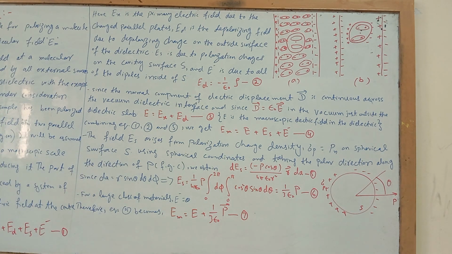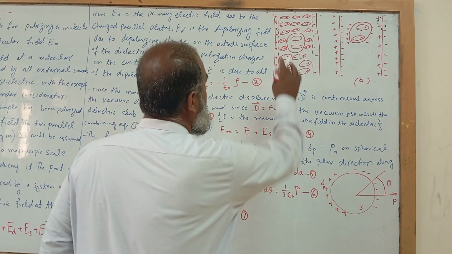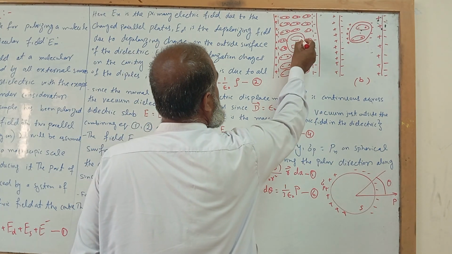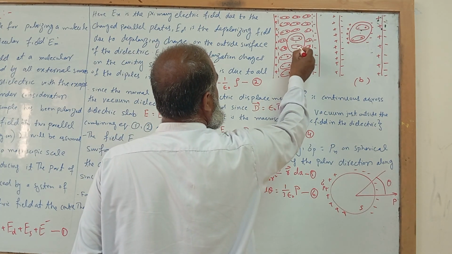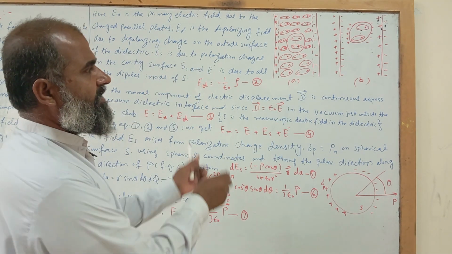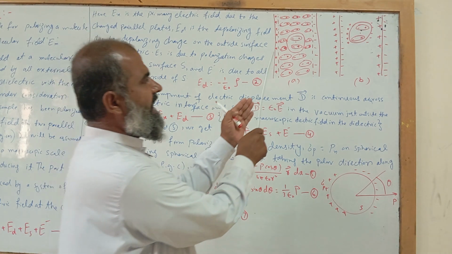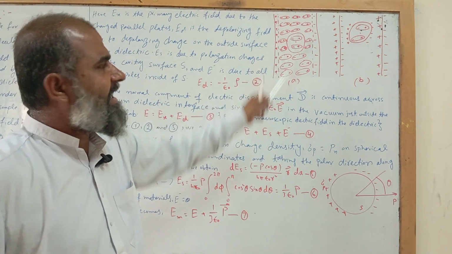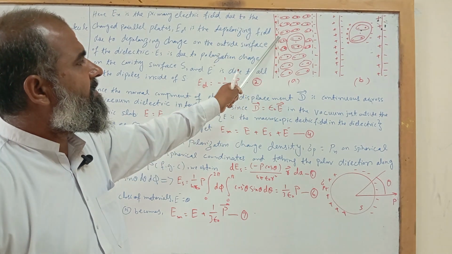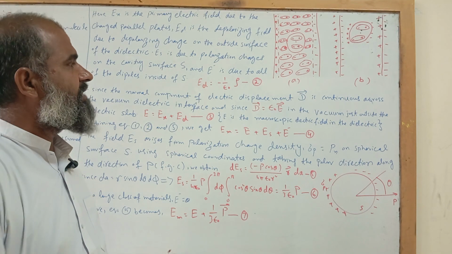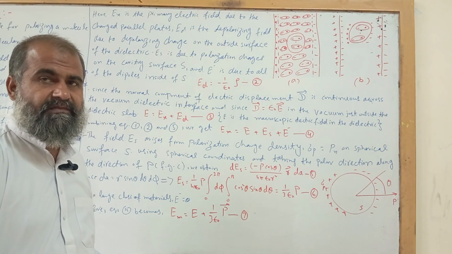And we can see from this figure that all the molecules are polarized. Polarized in what sense? The positive ion has been attracted to the negative plate, and the negative charge has been attracted to the positive plate.